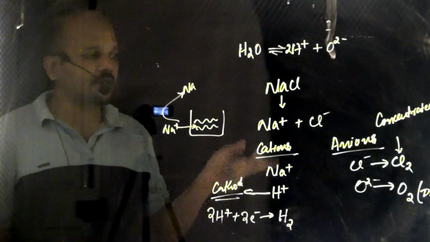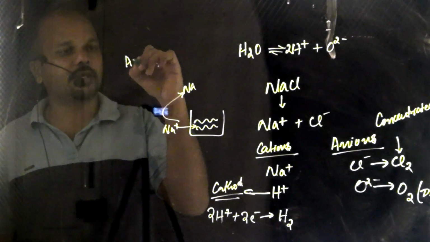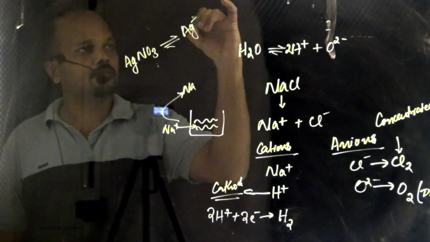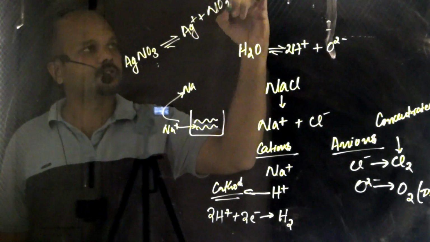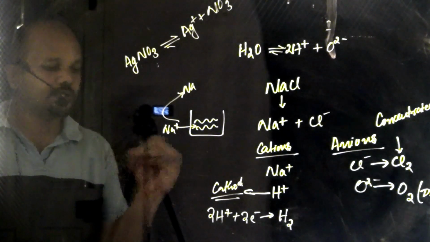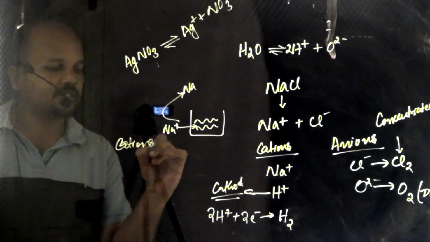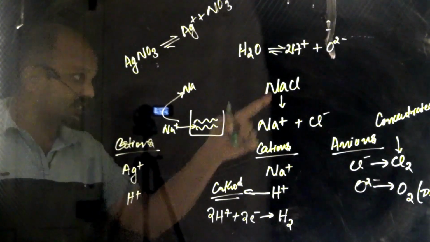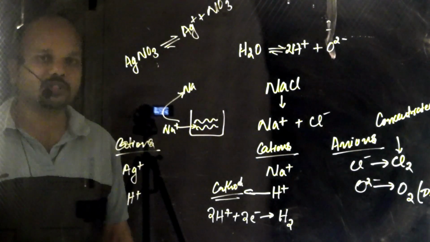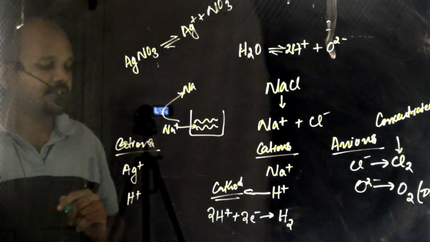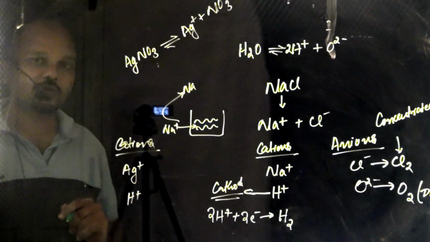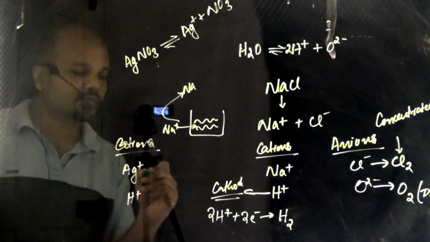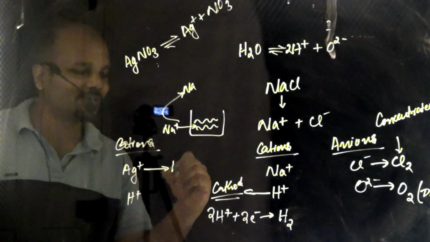On the other hand, take another solution, silver nitrate, Ag+ and NO3-. In the aqueous solution, the cations present will be Ag+ and H+. In the reactivity series, silver is below hydrogen, so there is a high possibility that silver will deposit at the cathode, and silver metal will form.